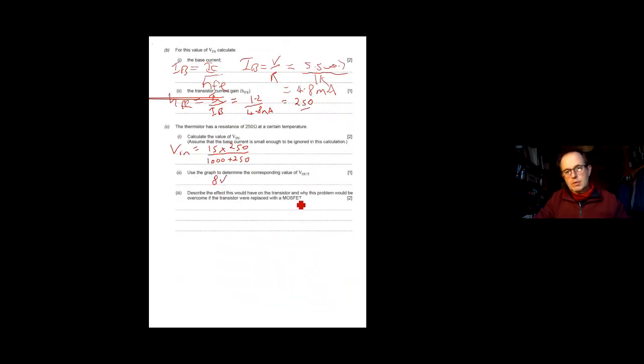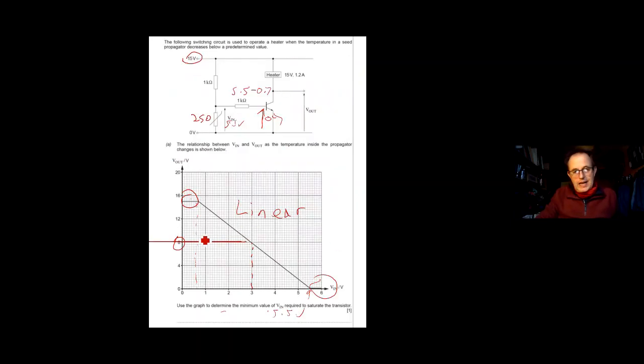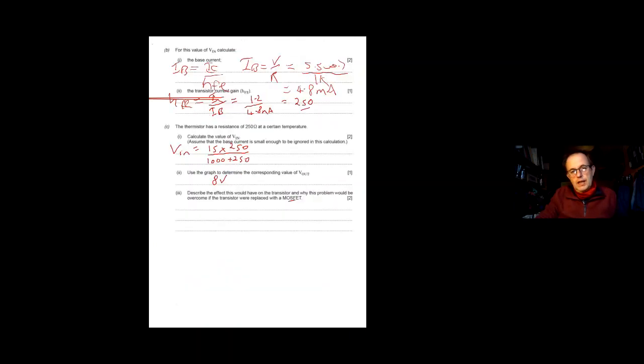Okay, now this is asking about the MOSFETs. We'll come to those MOSFETs in a minute. But basically, what effect does this have on the transistor? Now, if you're looking at that 8 volts, you're basically in this linear region. And what we say is you don't want to be in the linear region because you can basically back yourself up by using the equation.